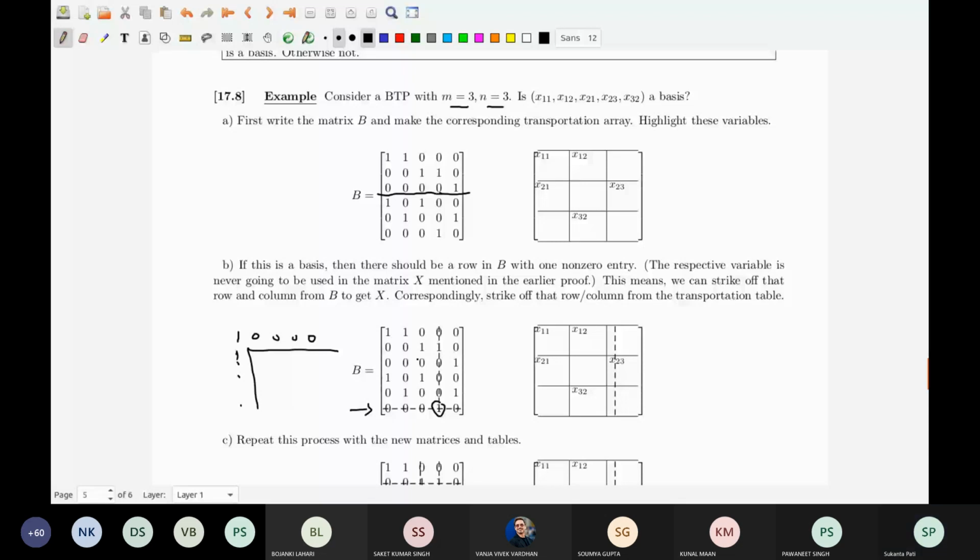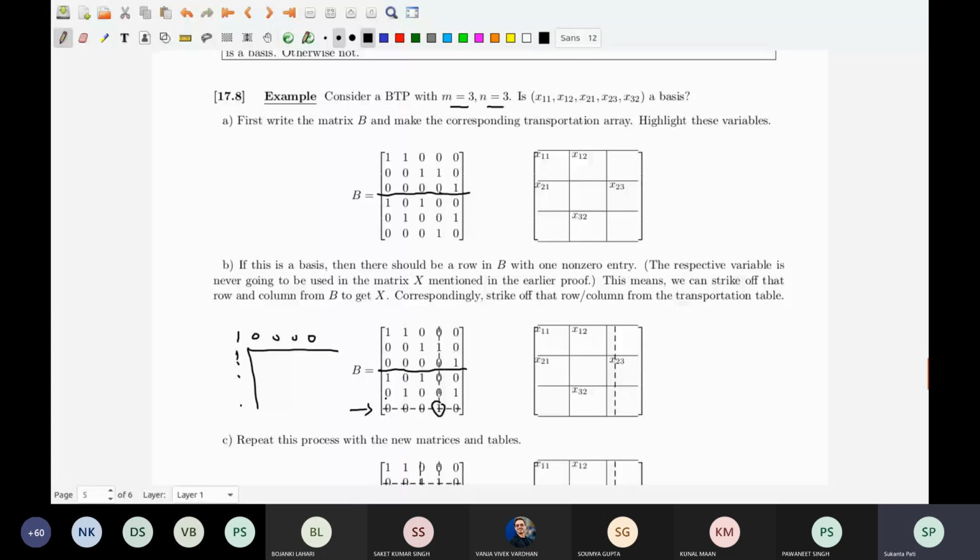Okay. Now which row does it correspond to? Which line does it correspond to in T? This is the third line after this. So this will correspond to the third column.